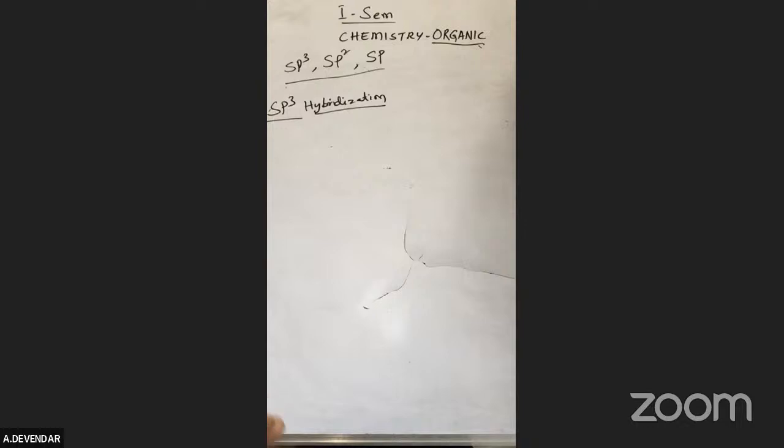These 4 sp3 hybrid orbitals are arranged on the carbon atom as a tetrahedron, and the bond angle is 109 degrees 28 minutes. This is called sp3 hybridization.